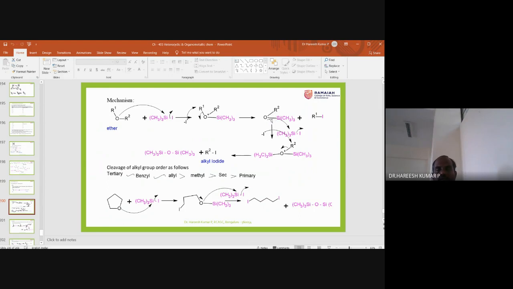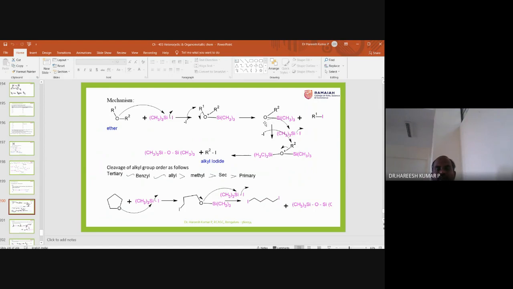Now also what you can observe, there is an oxygen, there is a silyl, there is an R2. So this moiety, again the lone pair present on the oxygen can react with one more equivalent of trimethylsilyl halide, forming an intermediate like this.